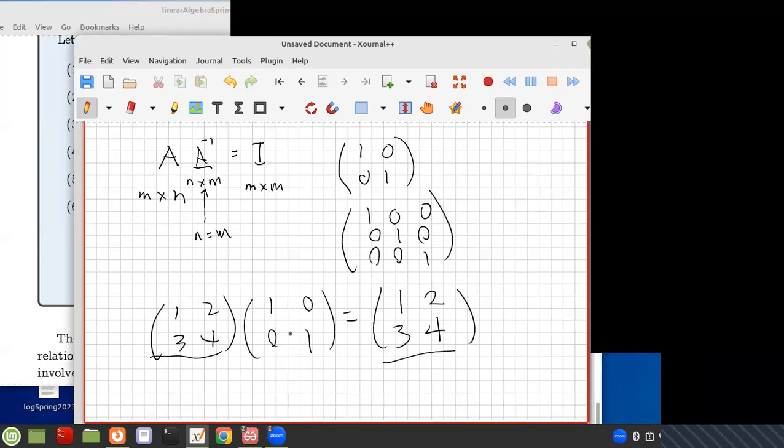If this is the matrix that performs this task, these are the 3 by 3 matrices. You can see this long diagonal: if this is the matrix I, the entries I11, I22, I33 are all equal to 1, and all the off-diagonal ones, like I12, are equal to 0.